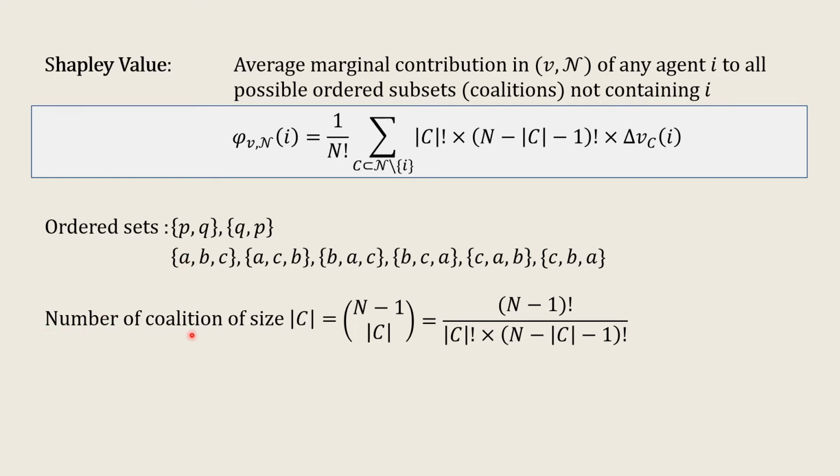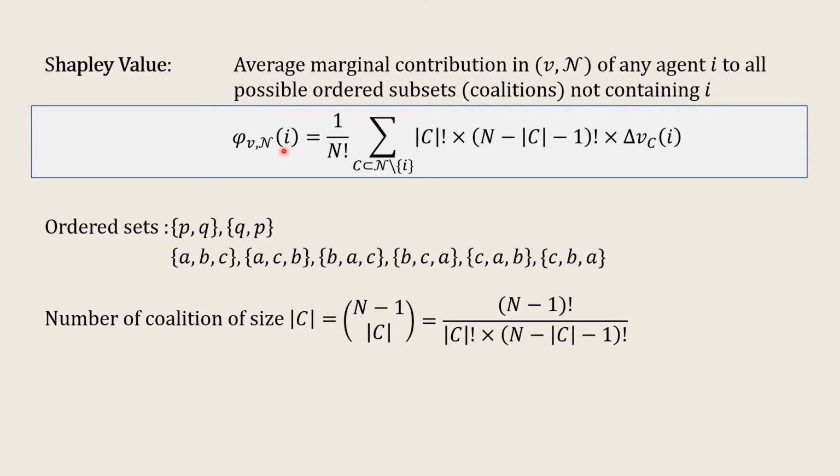Now the number of coalitions of size |C| is given by n minus 1 choose |C|, which is equal to (n minus 1) factorial divided by |C| factorial times (n minus |C| minus 1) factorial. And so this is the expression for the Shapley value.